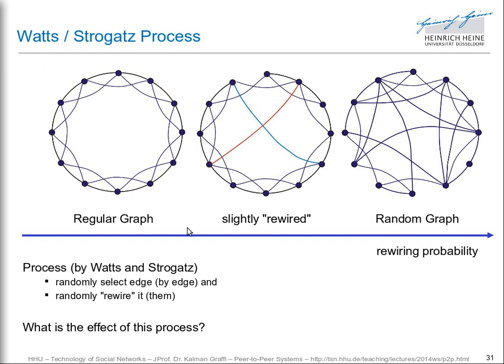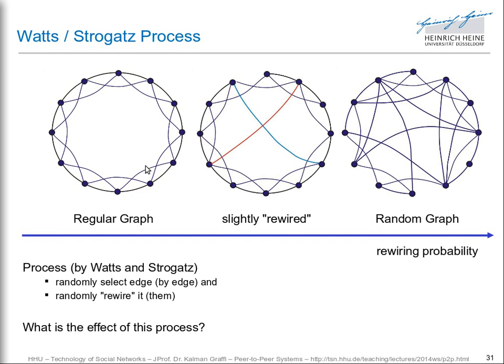So to the right the probability gets higher. Here we have a graph which is slightly rewired. So we just took some edges and rewired them. And here we have a random graph, where the rewiring probability is very high.